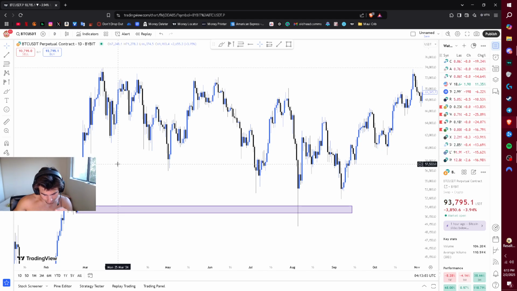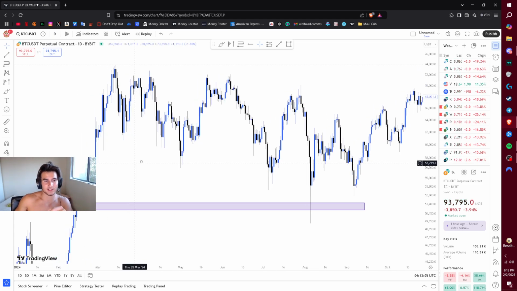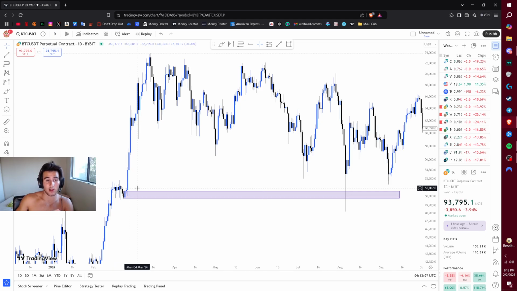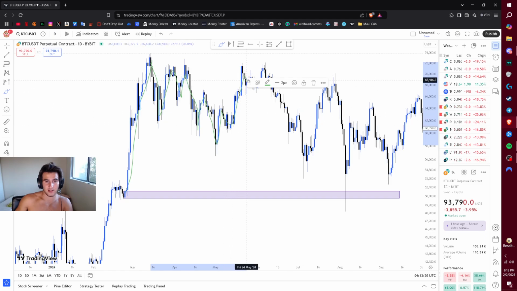And then you want the price to deviate away from the order block for a while, the longer the better. As you can see, the price deviates away from the order block, which is here, and then consolidates away from it for a while. It doesn't even get close to it for weeks, and then it kind of gets close, but it front runs it.